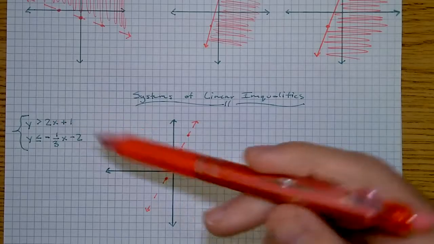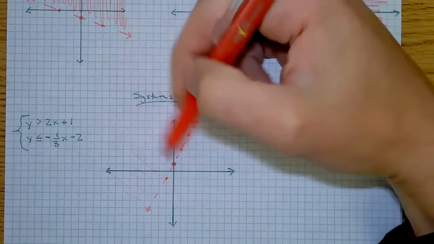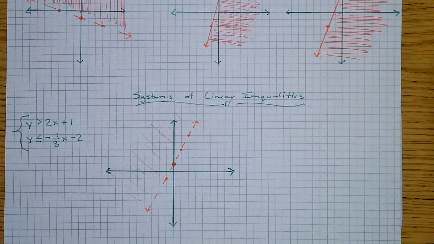Again, we're shading above this line. The only difference now is we just want to lightly shade for now, just to give us an idea of what side we should be on.